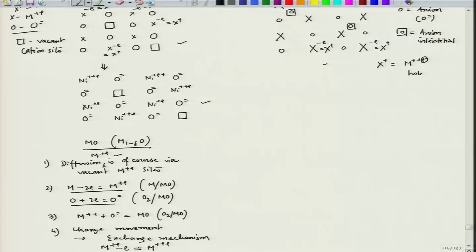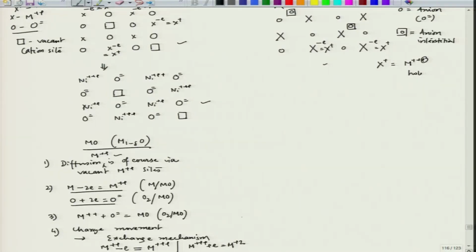Like that it will move, or you can also write it like this: M plus plus plus plus electron equal to M plus 2. Like that way the charge would move.